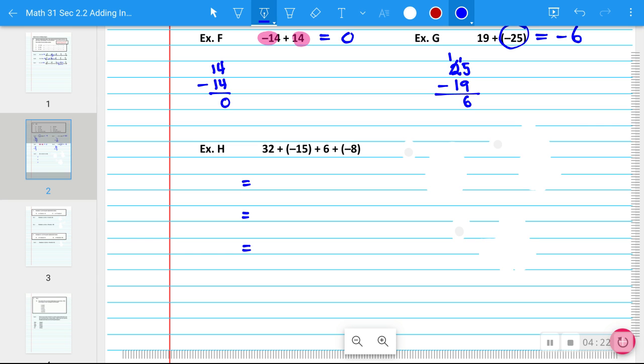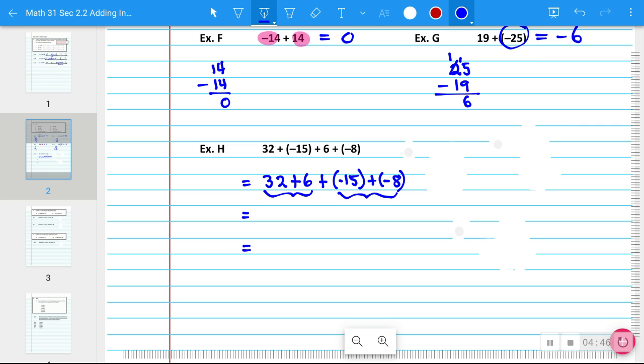On example H, what I'm going to be doing here is collecting my positives up front. So 32 and 6. And I'm going to collect the negatives in the back. I'm just rearranging things here. And once I do that, I'm going to add the positives and the negatives separately.